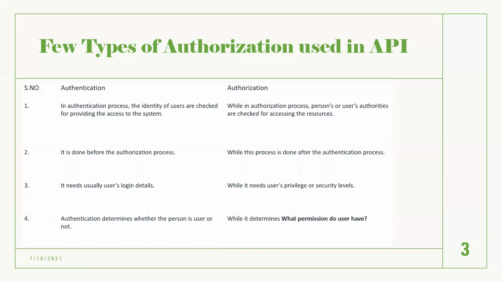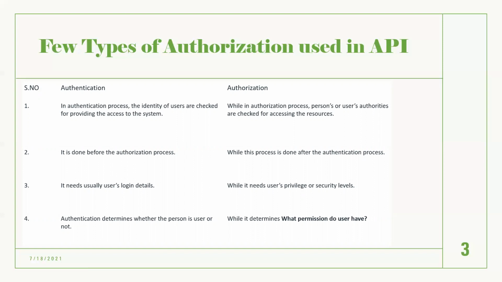Okay, then they'll ask you one more important question. What is the difference between authorization and authentication? Authentication is the process of identifying the users, who are checked for providing access to the system. For example, if you are using your user ID and password, is it valid or not?